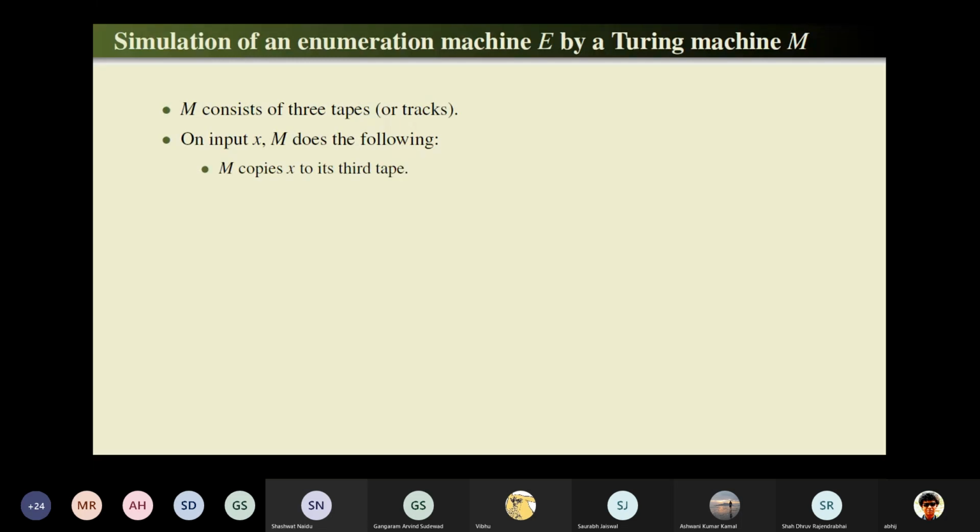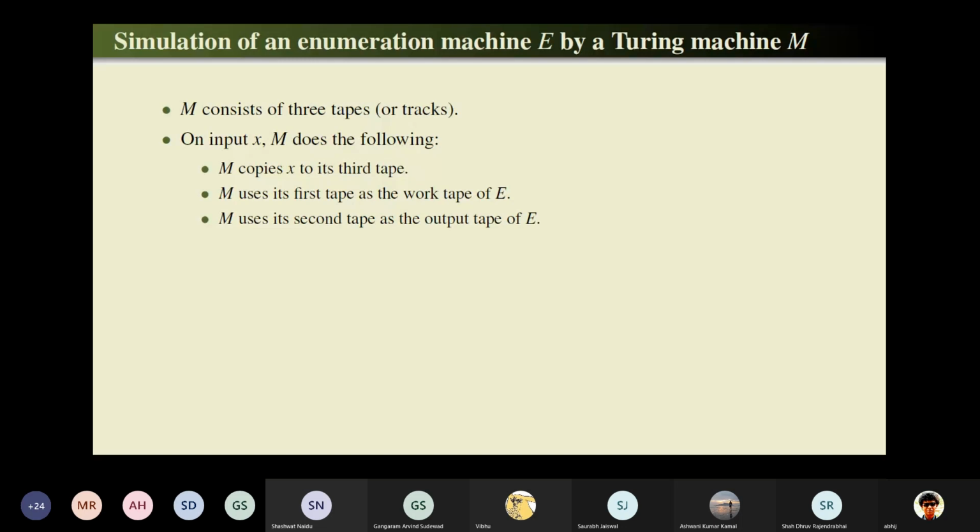So M copies X to its third tape, and then it erases its first tape, since the input is provided to the first tape. Anyway, the second tape is empty to start with. M will now use its first tape as the work tape of E. It can do it, it's a normal read-write tape. And it will use its second tape as the output tape of E. For a Turing machine this is read-write, but it can anyway use that tape in a write-only mode. That's not a big issue.